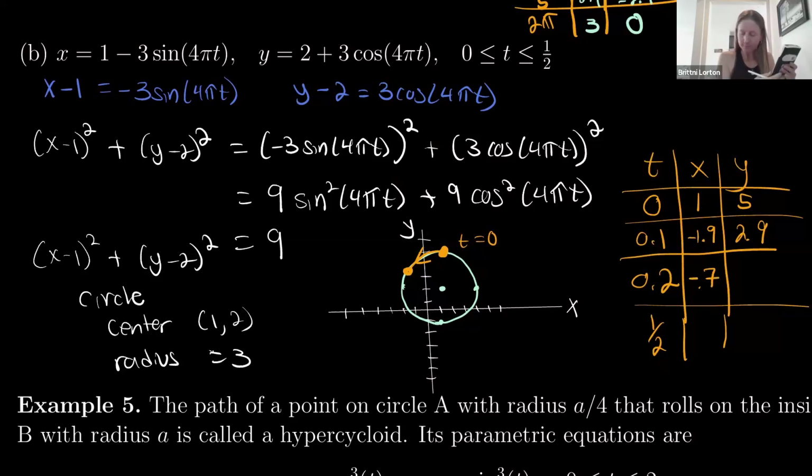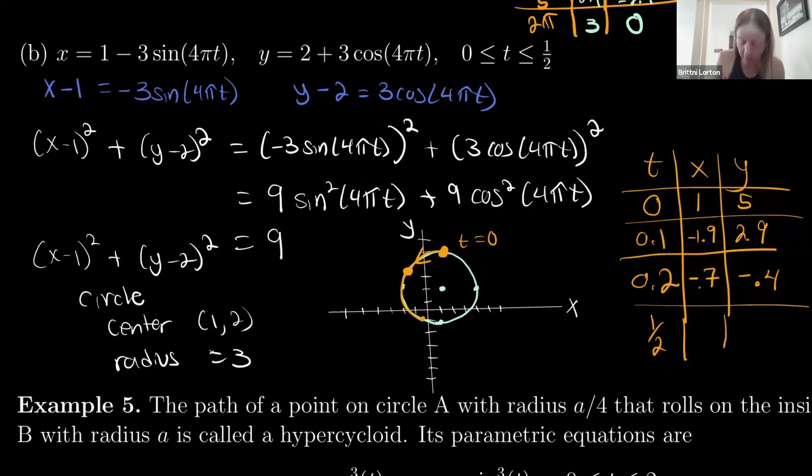Negative 0.7. This one gave me negative 0.4. So (negative 0.7, negative 0.4) looks like it might be right around there. So we're just continuing along that path, which is good to know.